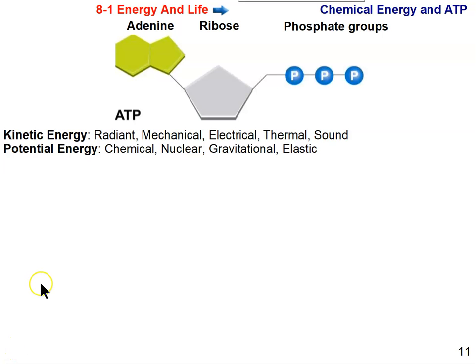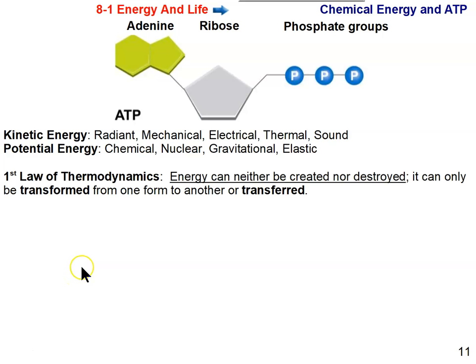The other thing that's crucial to understand with any discussion of energy is what's known as the first law of thermodynamics. And the first law of thermodynamics states that energy can neither be created nor destroyed.